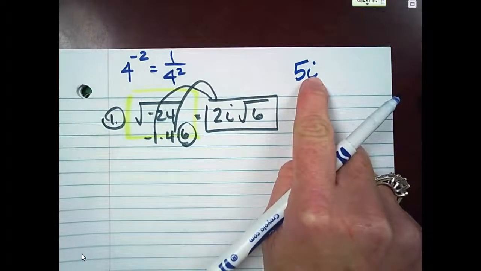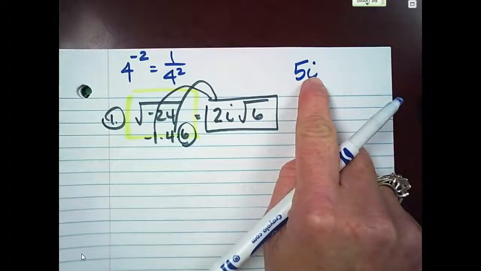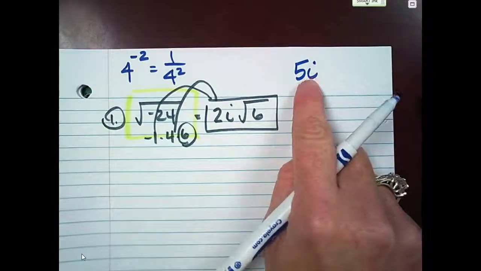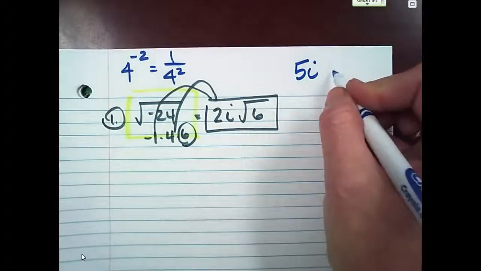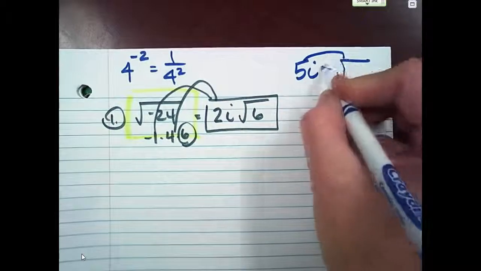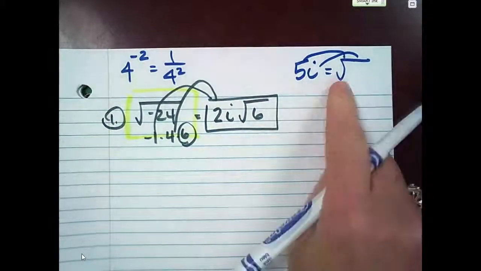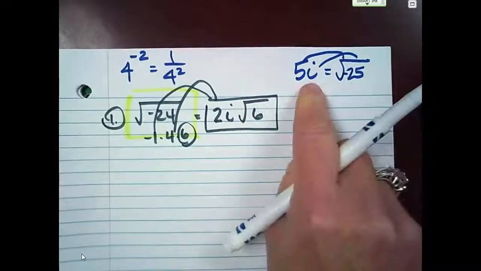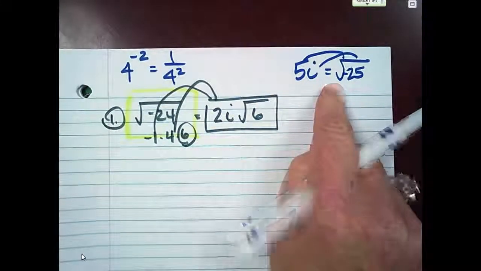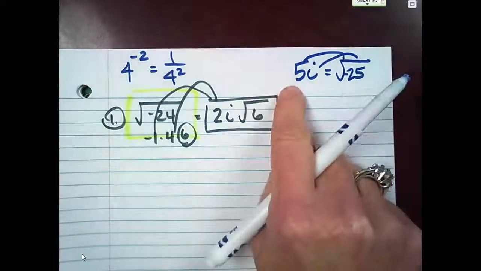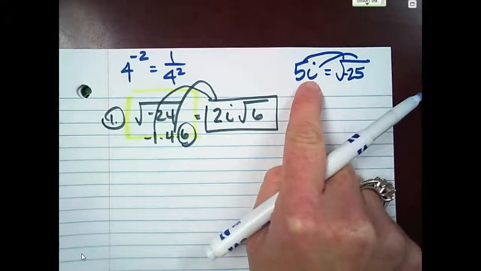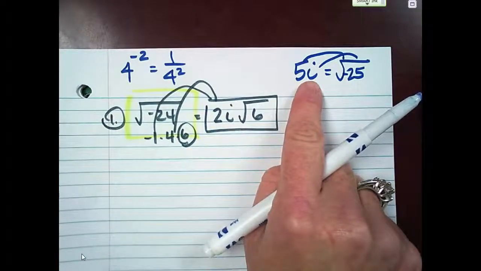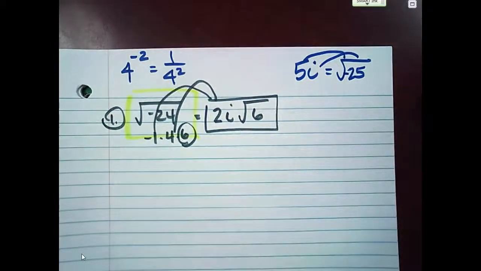All it meant is that inside the radical, there was a negative. So in other words, if I took this radical and put both of these back in, if I put the 5 back in, it would be 25. If I put the I back in, it meant it was negative. That's all. So when you see a number and an I, it meant somewhere there was a radical with a negative underneath. That's all it is. Let's go to number 2.